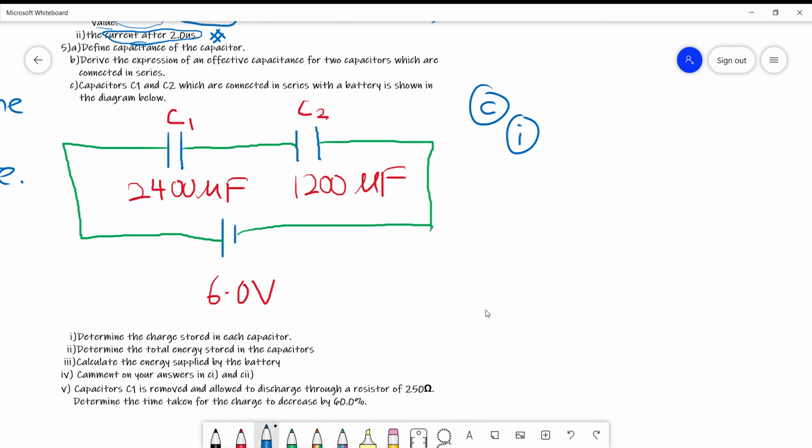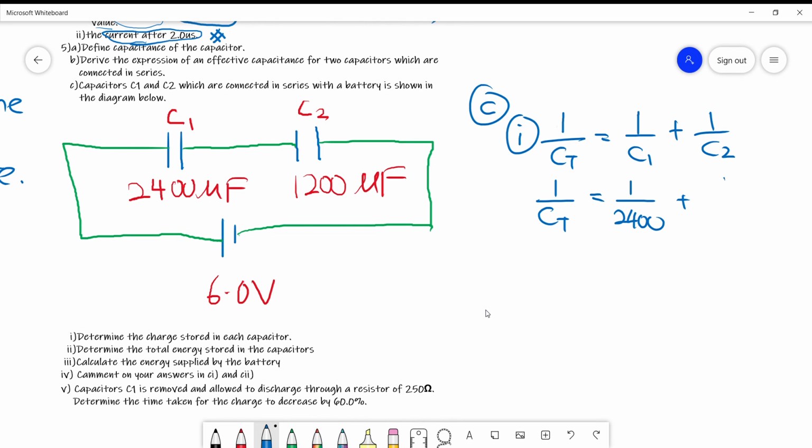So I need to find out the total capacitance. 1 over CT is equal to 1 over C1 plus 1 over C2, which is 1 over 2400 plus 1 over 1200.